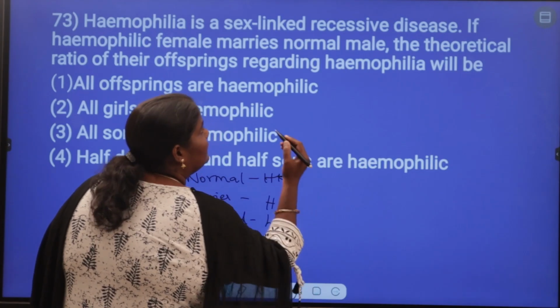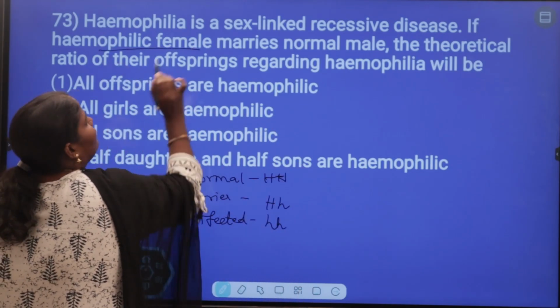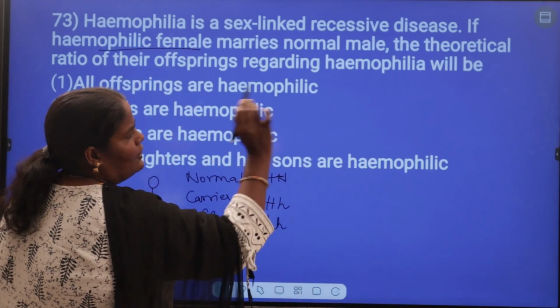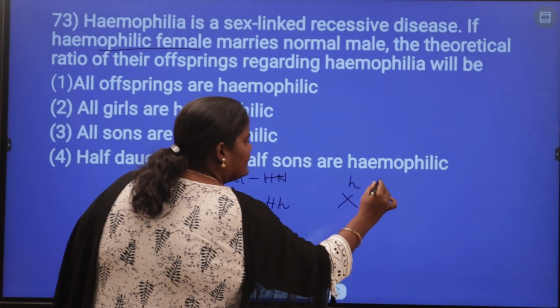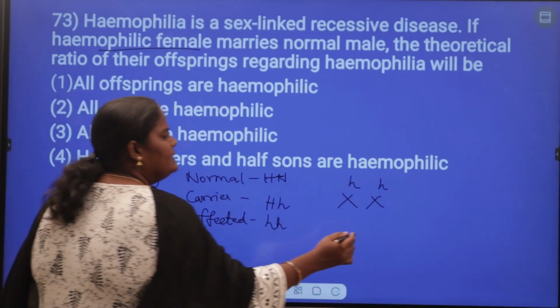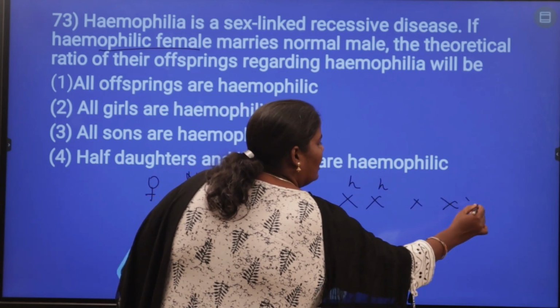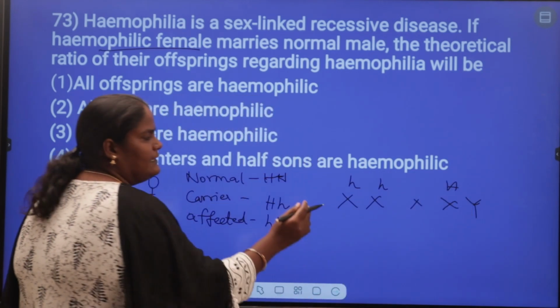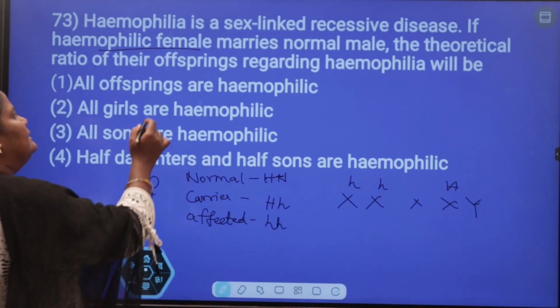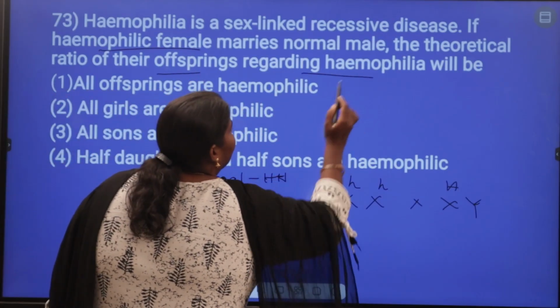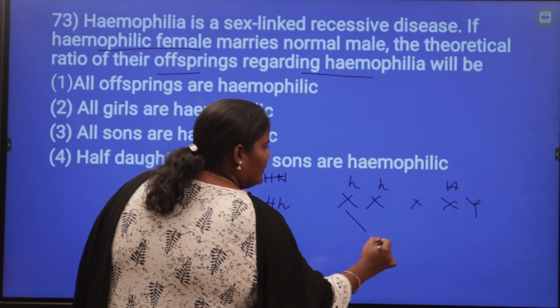If the mother is hemophilic, they are saying a hemophilic female marries a normal male. So the female with 2 X chromosomes carries the affected 2 h genes, and marries a man with the normal gene. That individual is normal. So when there is a marriage between these two individuals, the ratio of their offspring being hemophilic.